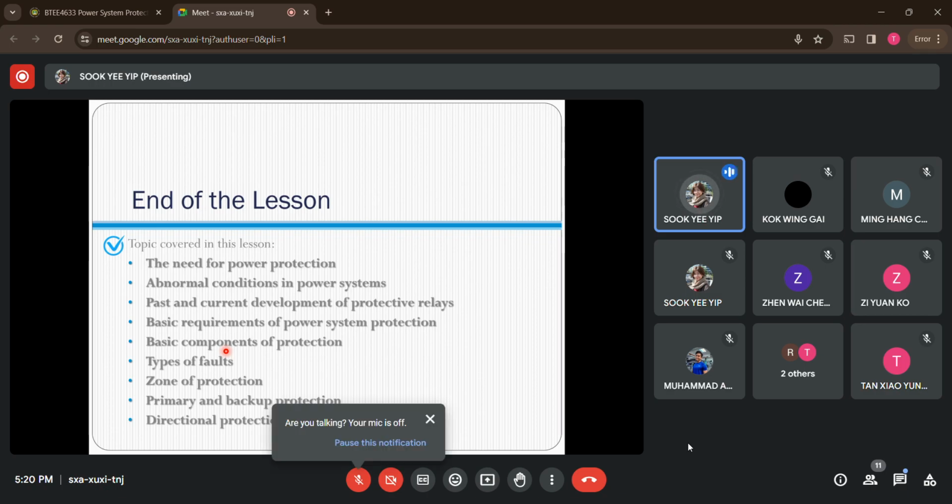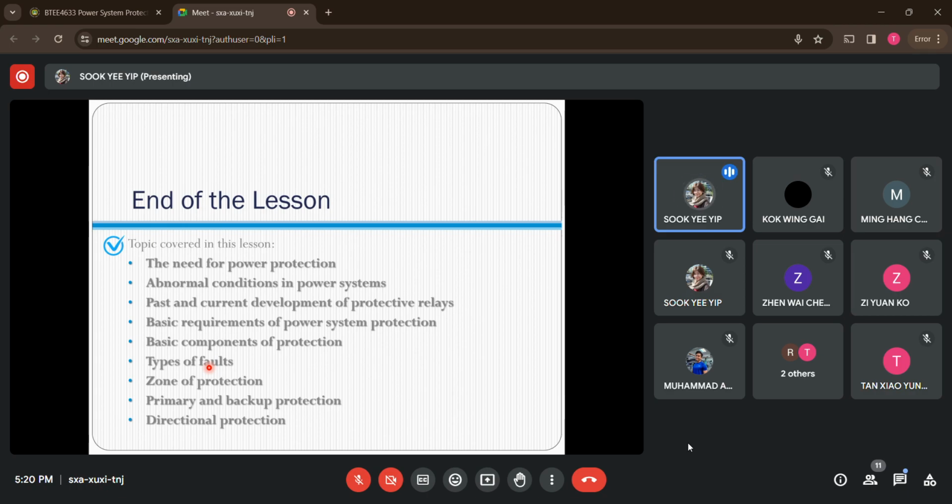Then we also talked about how to categorize different kinds of faults: active, passive, durations, permanent or transient, or for the multi-phase system, symmetrical and asymmetrical faults. So there are different kinds of faults you can find in the power system.